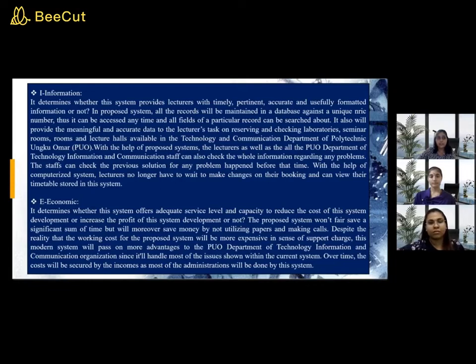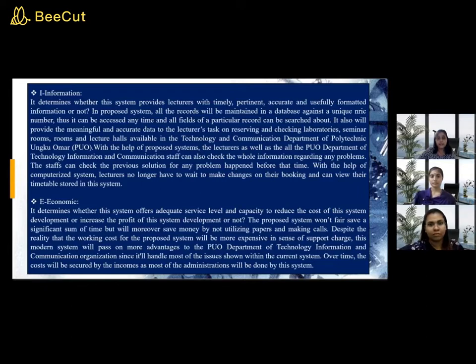Next, E for economic. It determines whether the system offers adequate service level and capacity to reduce the cost of the system development or increase the profit of this system development or not. The proposed system won't only save a significant amount of time, but will moreover save money by not utilizing papers and making calls.